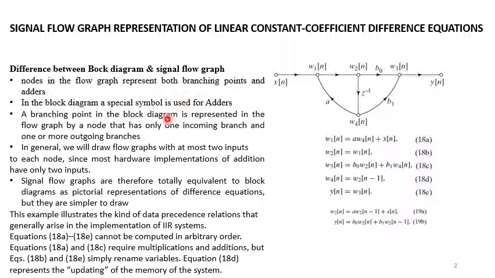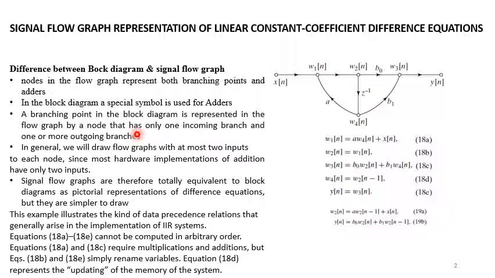Similarly, a branching point in the block diagram is represented in the flow graph by a node that has only one incoming branch and one or more outgoing branches. In general, we will draw flow graphs with at most two inputs because the hardware normally has two inputs. Signal flow graphs are therefore totally equivalent to block diagrams as pictorial representations of the difference equations, but they are simpler to draw.